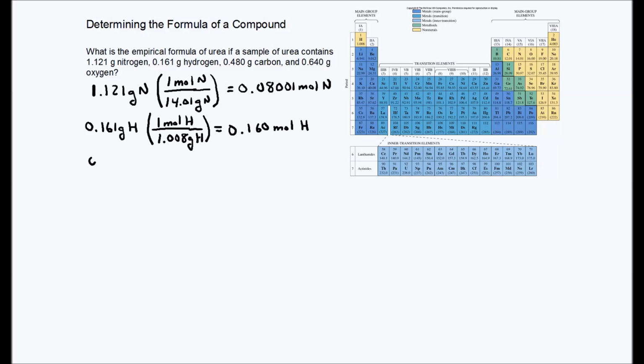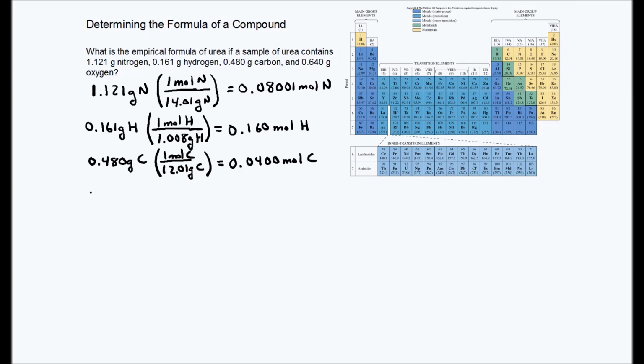Carbon, 0.480 grams of carbon. 1 mole of carbon weighs, according to the periodic table, 12.01 grams. So 0.480 divided by 12.01 grams gives me 0.0400 moles of carbon.